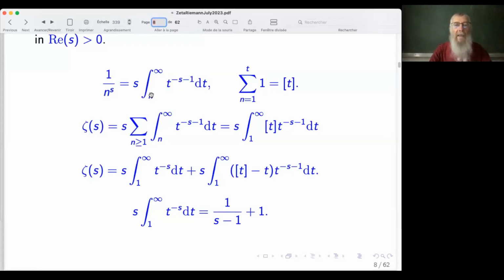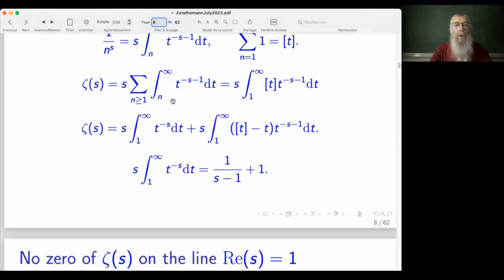So it is s times the sum of the integrals which are here. And so you have to make the sum of 1 for n equal 1 up to t. This is the integral part of t. And then when you have this sum, you have t to the minus s, and then the difference, integral part of t minus t, dt.